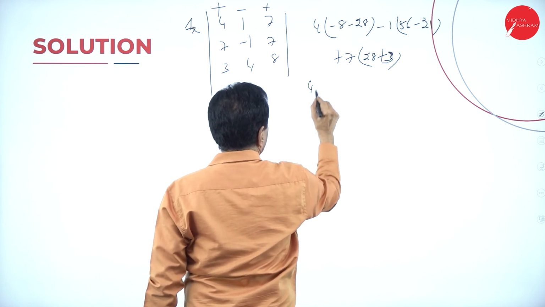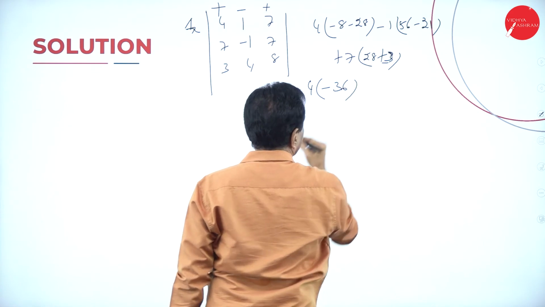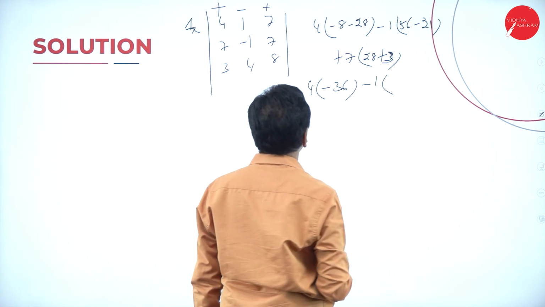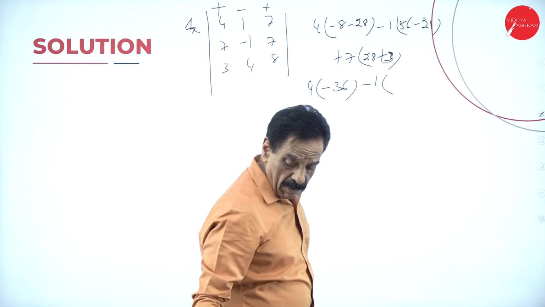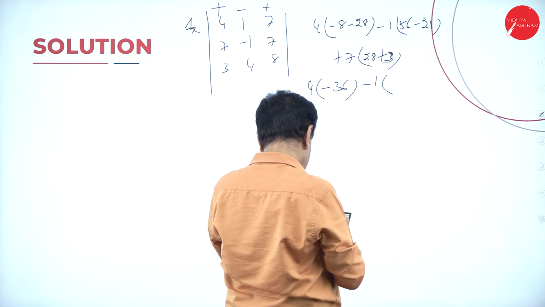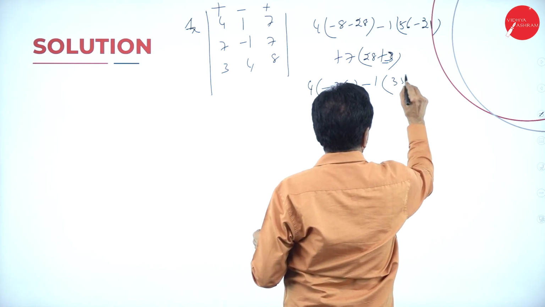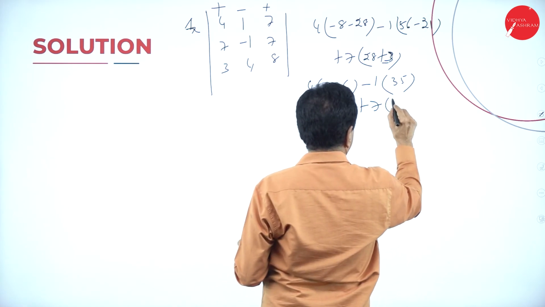So 4 minus 36, minus 1 here, 21. 56 minus 21, 35, plus 7, 28, 31.